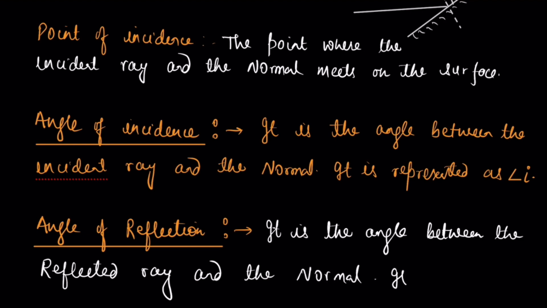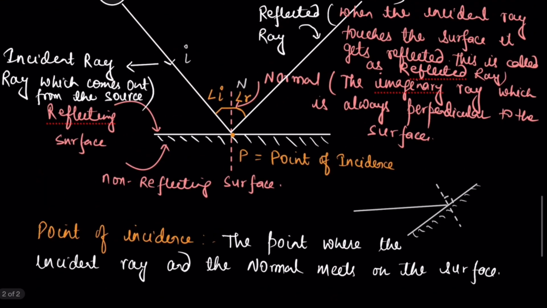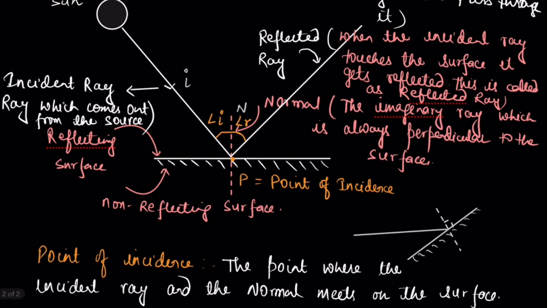It is represented as angle R. So we understood about the incident ray, the reflected ray, and the normal, and we also got an idea about the point of incidence, angle of incidence and the angle of reflection.